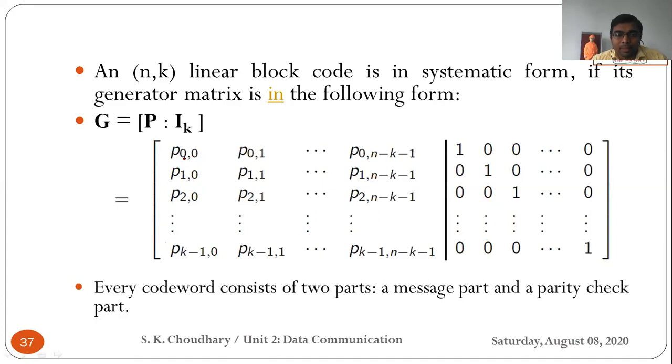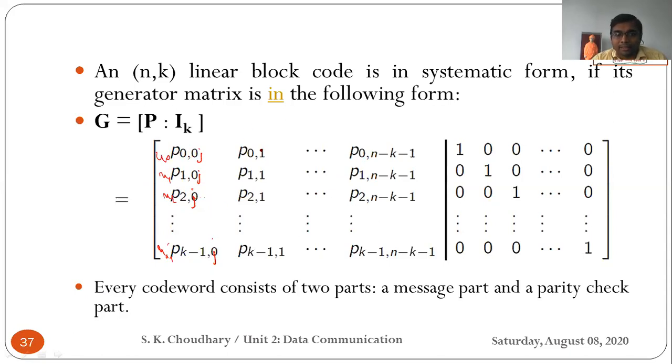So it would be multiplied with U0, U1, U2 and Uk minus 1 into Pk minus 1j.